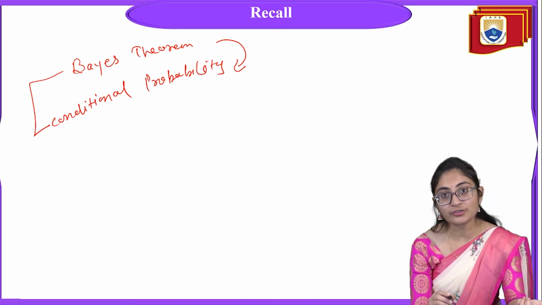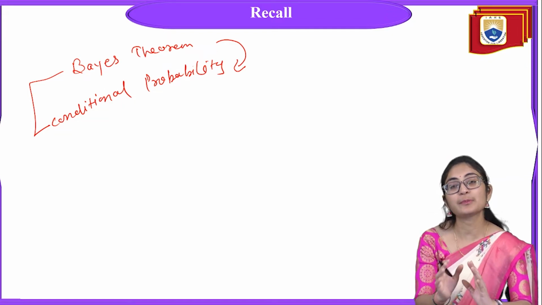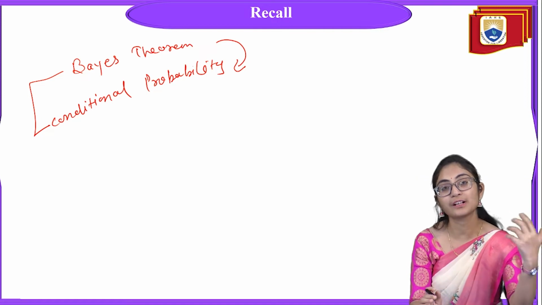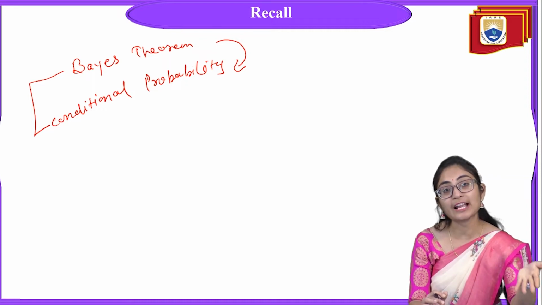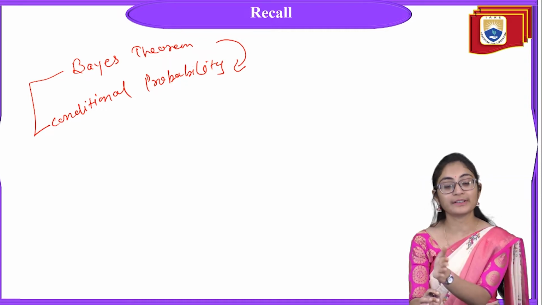What is meant by conditional probability? Conditional probability means if you want to find out the possibility of any event, at that time you will apply some conditions.